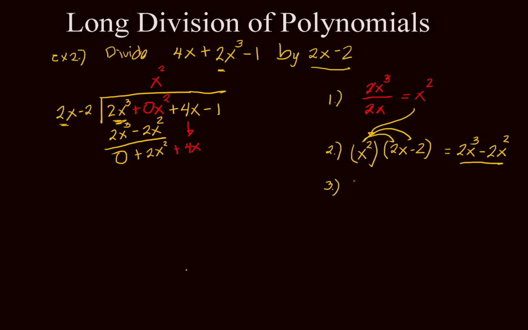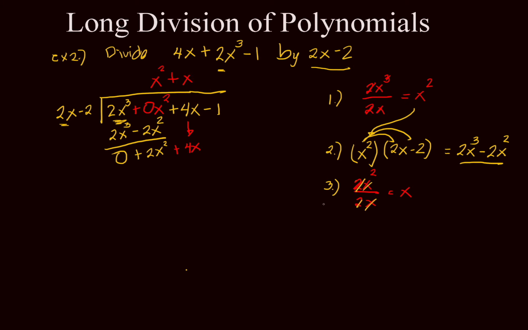So you will now have 2x squared divided by 2x, and we could cancel out our 2's and also one of our x's, so you will just have an answer of x. What should we do with our x? We are going to place it on top of our 4x.